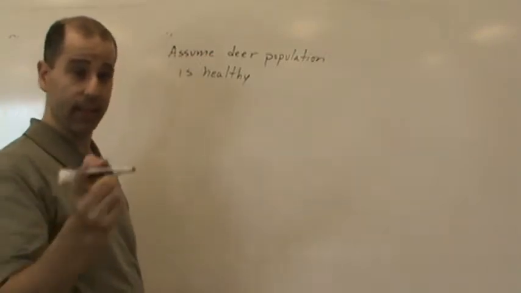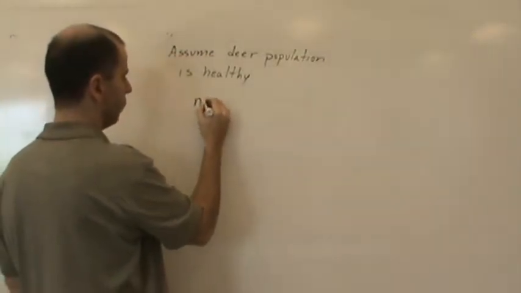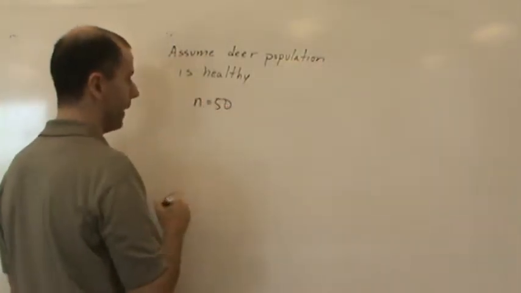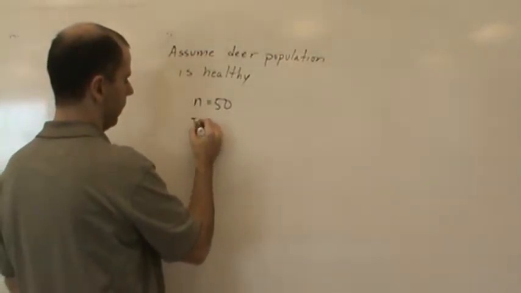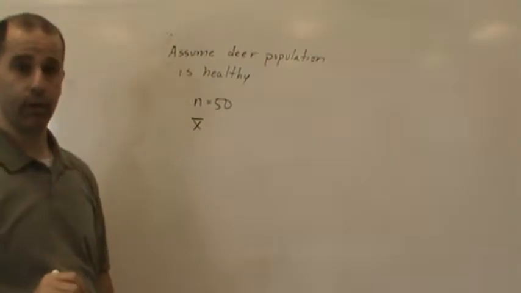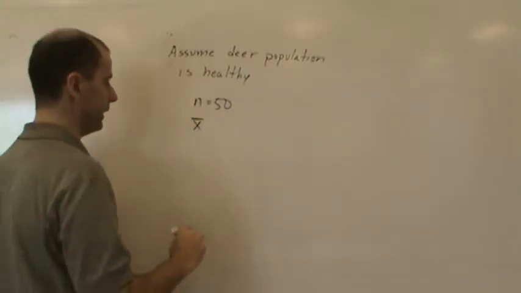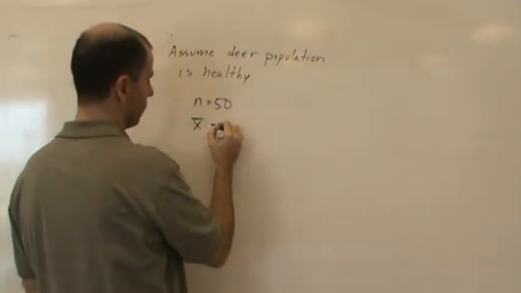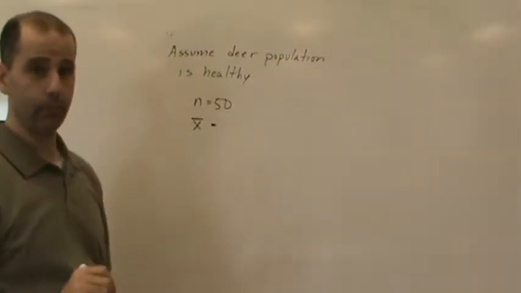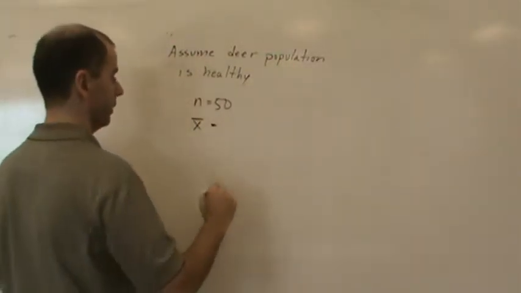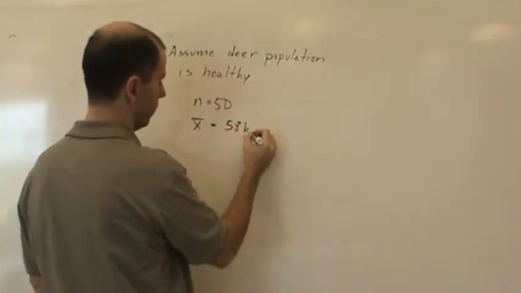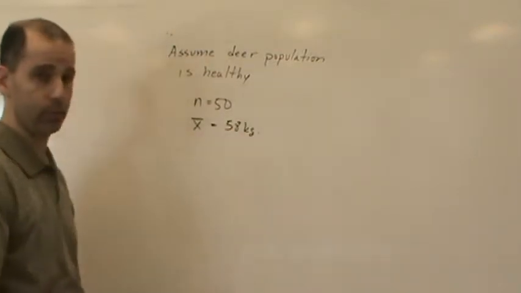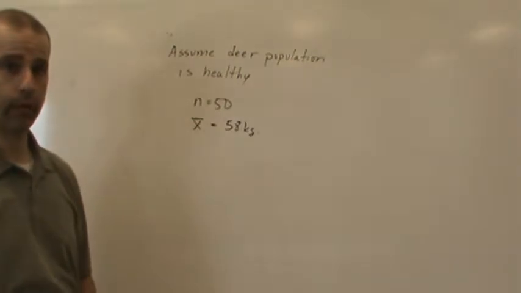We randomly select 50 deer, we weigh them, and we find that the sample mean for the 50 deer turns out to be, let's say, 58 kilograms.